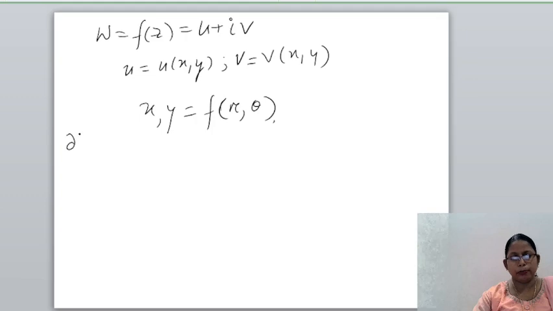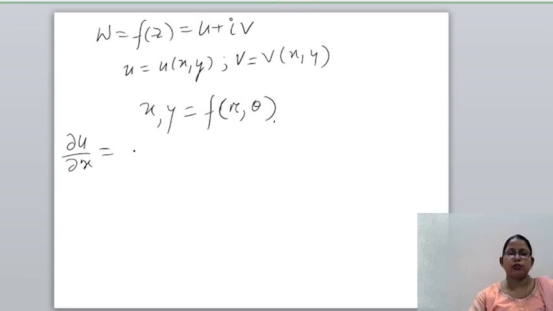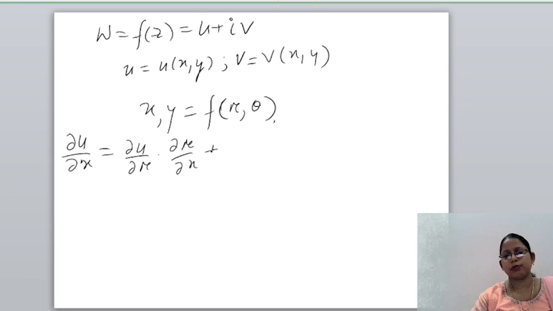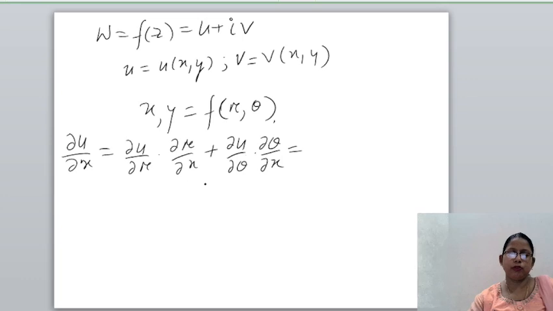Now find out the partial differentiation of del u with respect to x. Since u is a function of x, and x is a function of r, theta, del u by del x will be equal to del u by del r times del r by del x, plus del u by del theta times del theta by del x. Now put the value of del r by del x and del theta by del x.